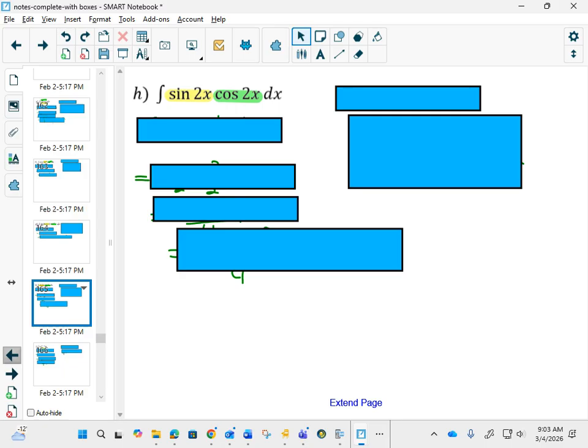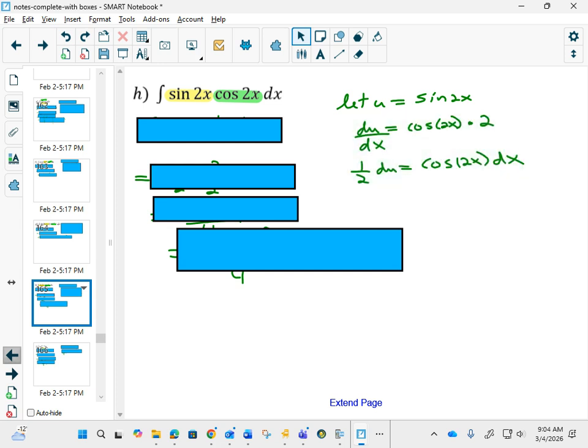Which is kind of weird. So, start off, I could, because I have it highlighted in yellow, I could let u equal sine 2x. But then when I do the derivative, do you see that it has a chain rule? And it's like, it doesn't match up because of that extra 2.